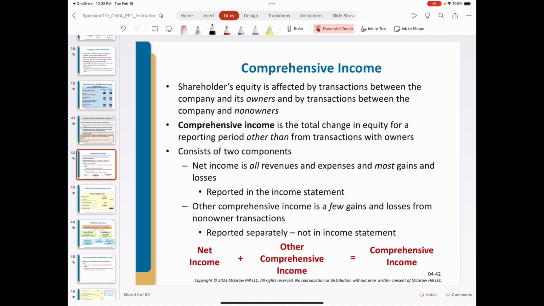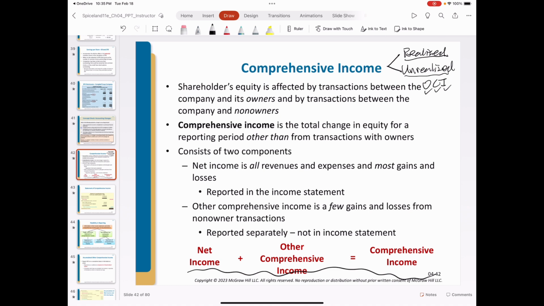So comprehensive income has two components. One is realized, reported in the income statement, and unrealized or to be realized, it is reported as OCI or other comprehensive income.